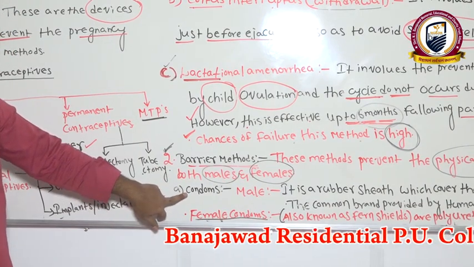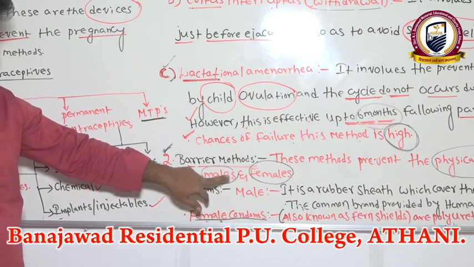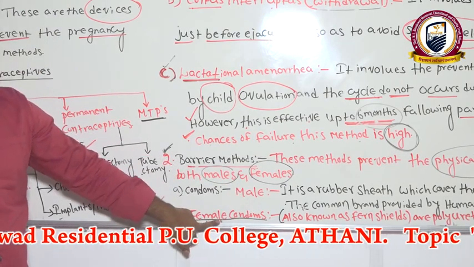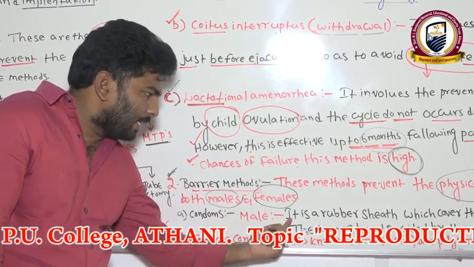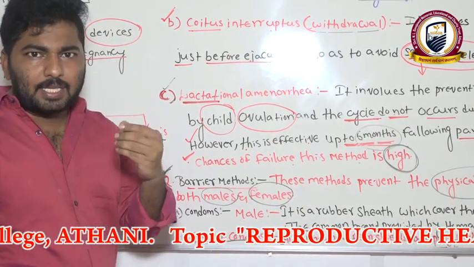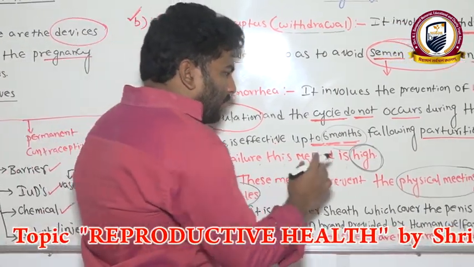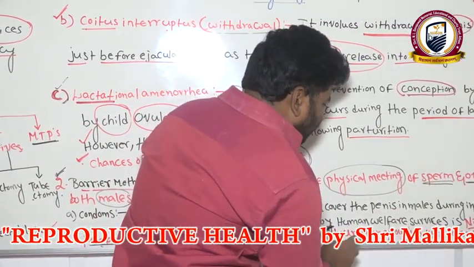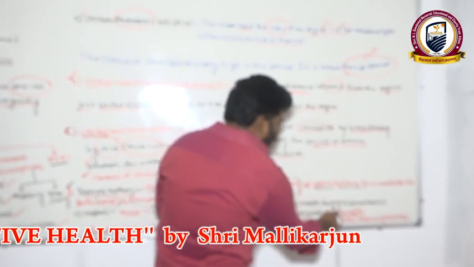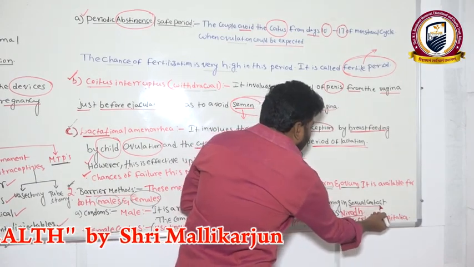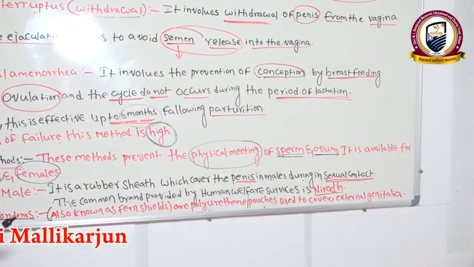First one, the condoms. Condoms are available for both males as well as females. The male condom is a rubber sheath or latex material which covers the penis of males during sexual contact.